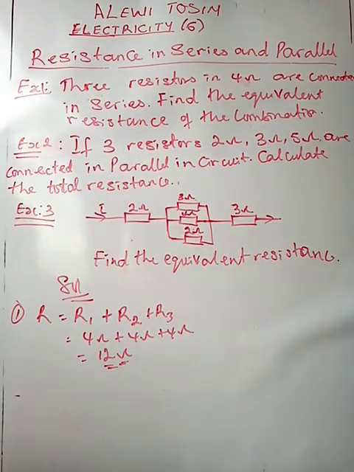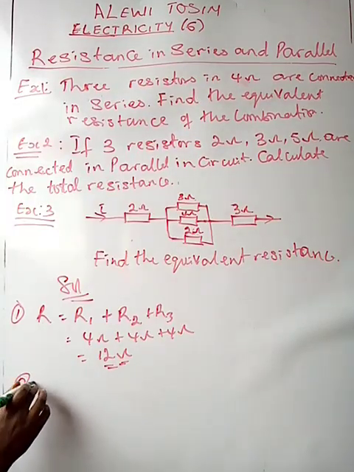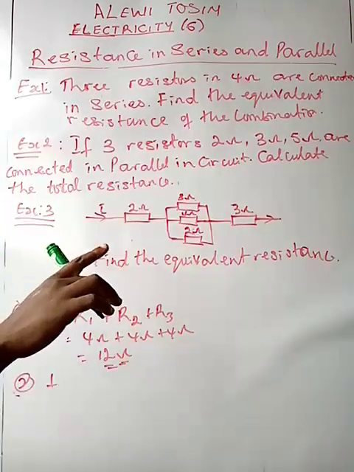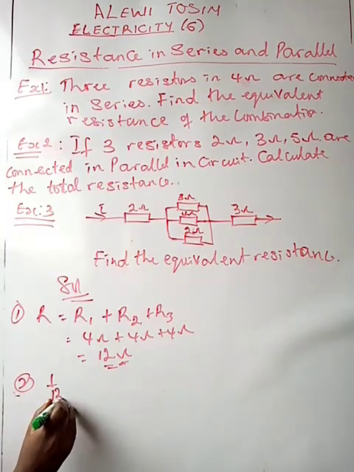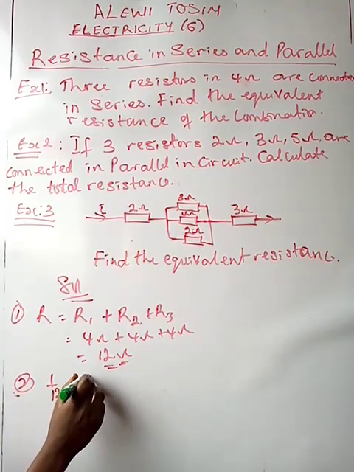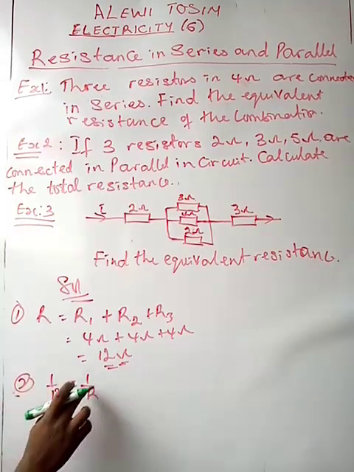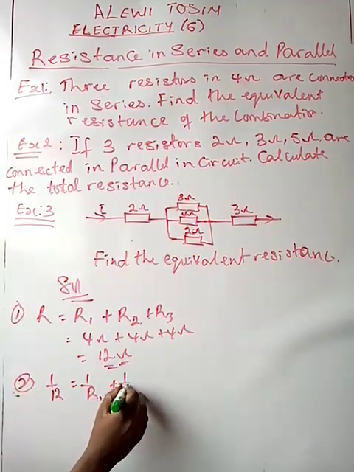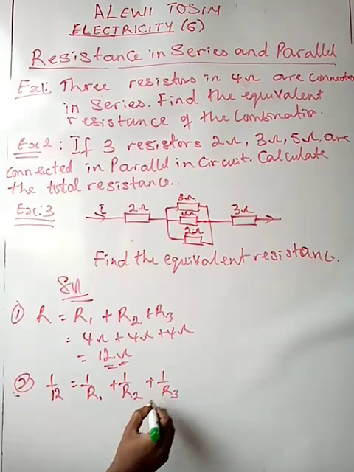Example 2 says if 3 resistors, 2 ohms, 3 ohms, 5 ohms are connected in parallel. This means that we are using the formula for parallel connection. We are having 3 resistors, so 1 over R equals 1 over R1 plus 1 over R2 plus 1 over R3.